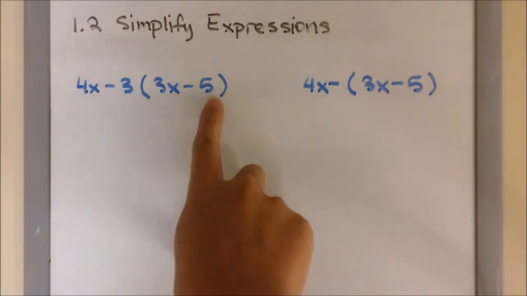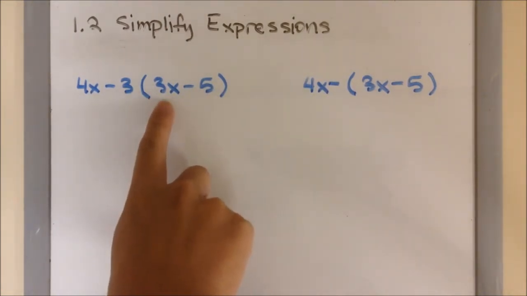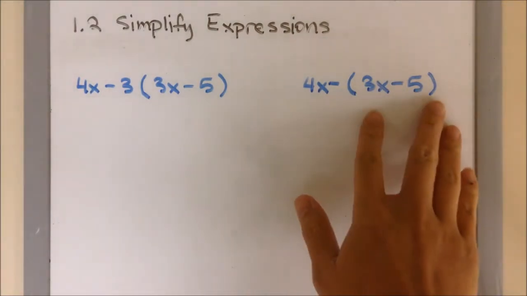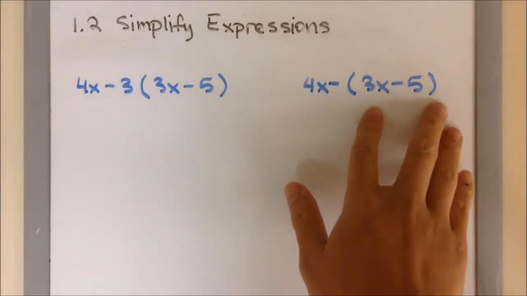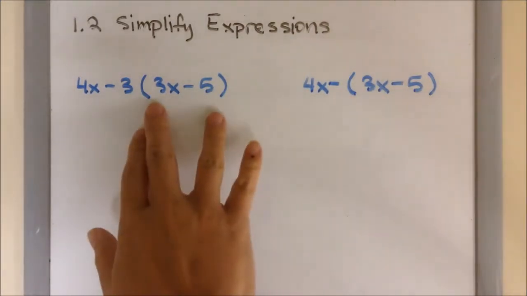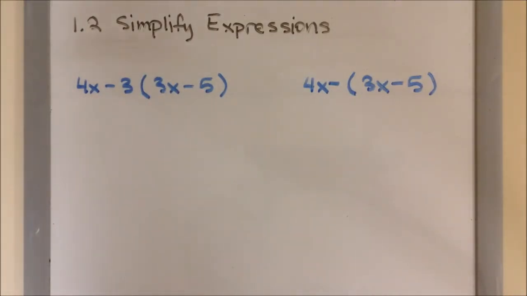Meaning, the 5 is just a regular number, and 3x has a variable. They're not like terms, so I can't combine them whatsoever. So it's just going to stay simply as 3x minus 5. Same process, same ordeal on example 2. So, since I can't do anything inside the parenthesis, it stays as is.